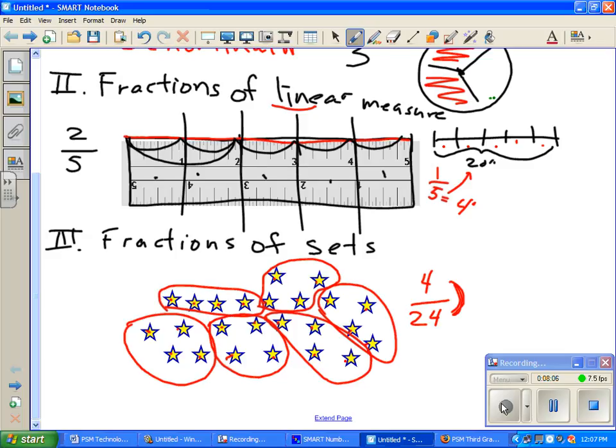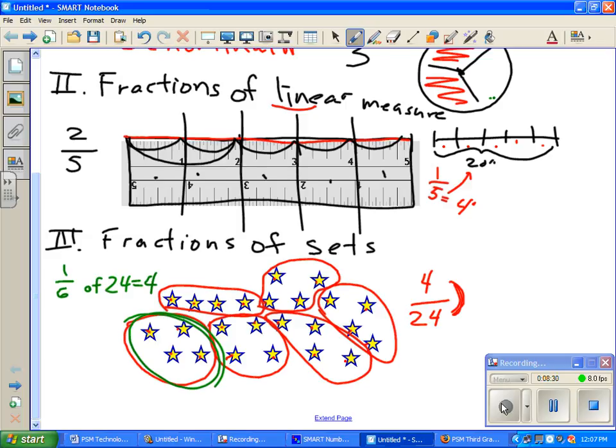It's not nice and neat anymore. It's all over the place, but the concept remains that there are 24. If I say 1/6, I'm looking for 6 equal parts. Here I have 6 equal parts. One of those sets is worth 6. Excuse me, is worth 4. 1/6. So 1/6 of 24 equals 4.